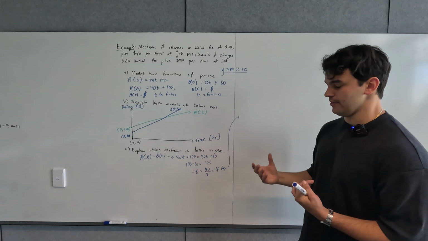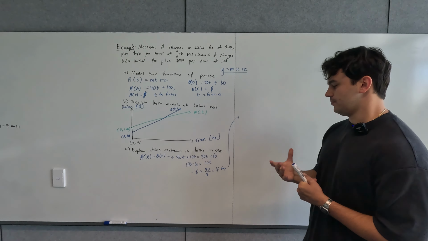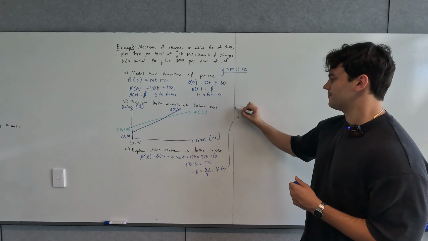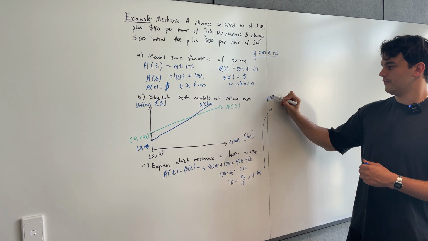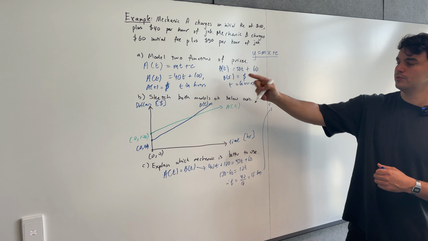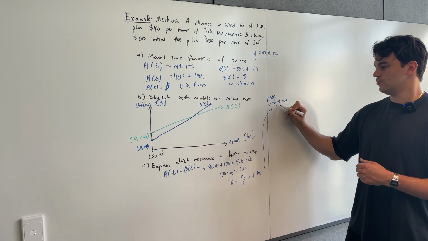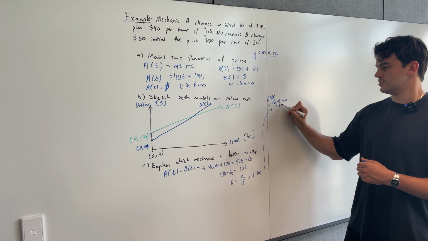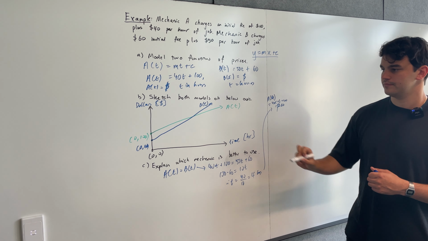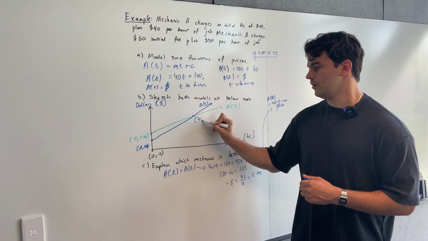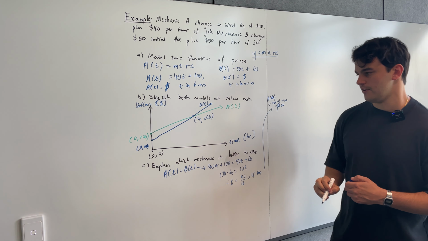It doesn't matter which one, because in theory they should both be the same, because that's the point of simultaneous equations. A of 4 is equal to 40 multiplied by 4 plus 100, which is equal to 160 plus 100, which is $260. So we've got 4, and then we have 260 as the y value.